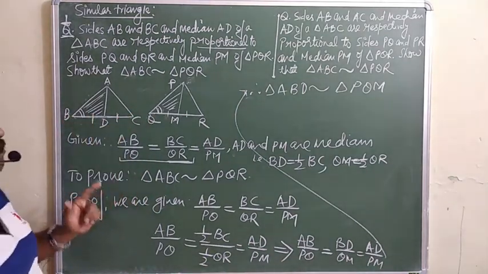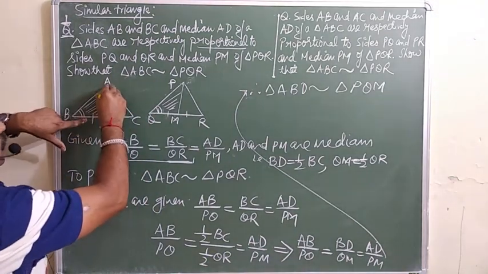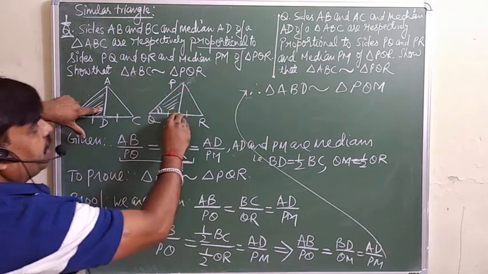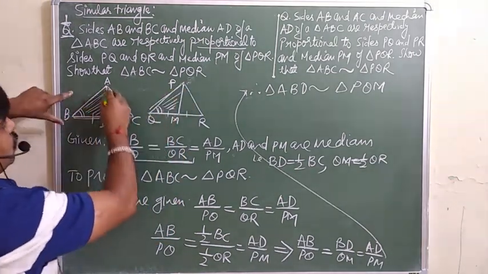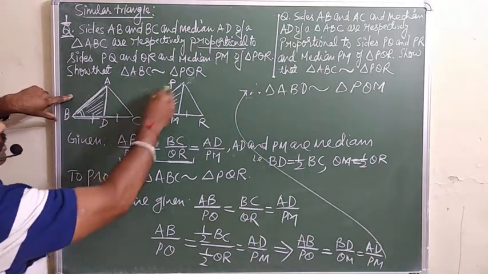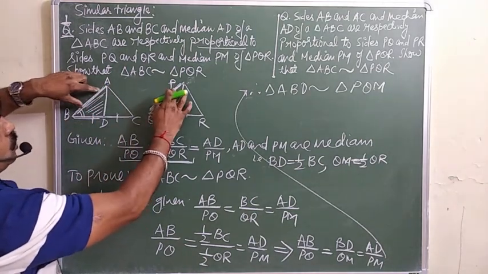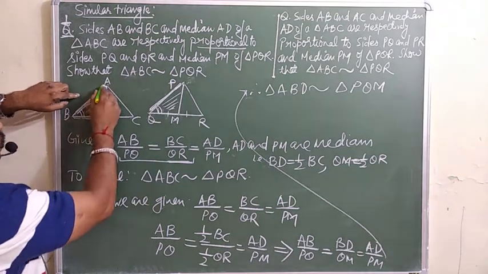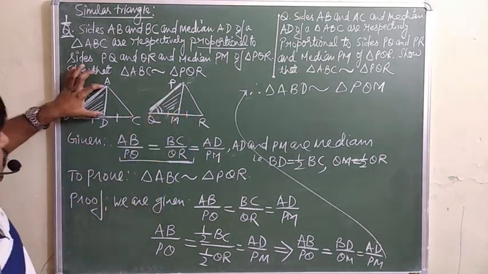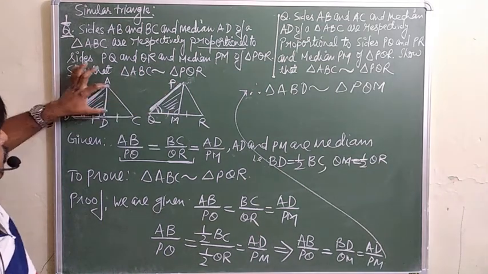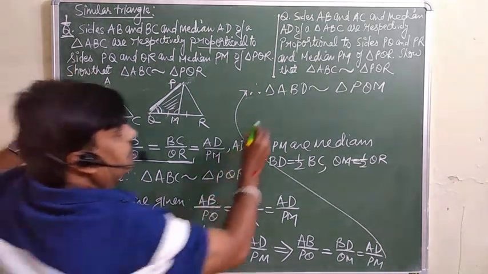This we already know. And the ratio of this side AD over PM is equal to AB over PQ, BD over QM. So the ratio of these two sides is equal to this one, so the angle opposite this side and the angle opposite this side will be equal. Similarly, AD over PM is given, so the angle opposite AD.